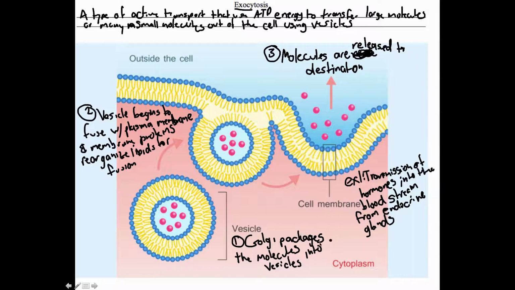All right, second example. I'm running out of room here, so let's do it right here. Example 2, and this is a big one. This is often used when we're learning about exocytosis: the involvement of exocytosis in transmitting signals throughout your whole body. In order for your neurons, the cells of your nervous system, to send information through your body, it uses an electric signal, and it also uses a chemical called neurotransmitters.